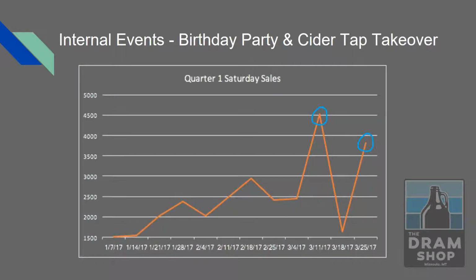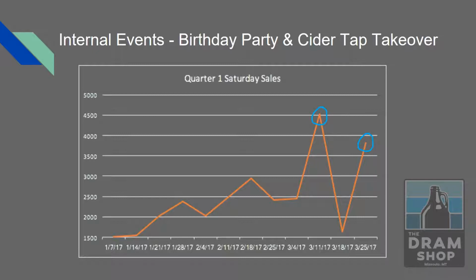The internal events we chose were the Dram Shop's birthday party and the Western Cider Tap takeover. For these, we did average Saturday sales through quarter one, and as you can see, the two blue circles denote the two events.